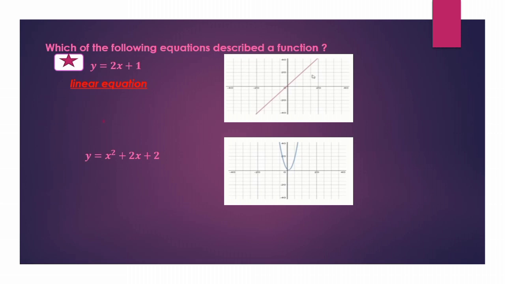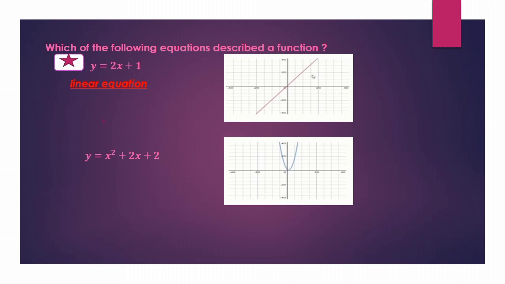So that's the example of a graph of a quadratic equation. This one is still a function, because if you draw a vertical line test here, it only touches 1 point.